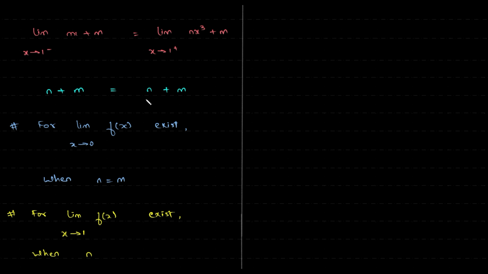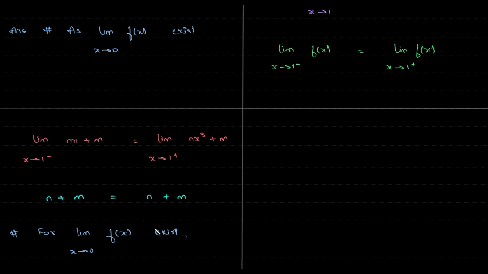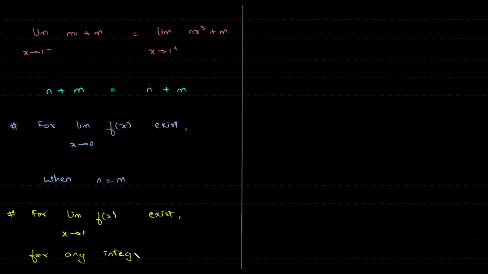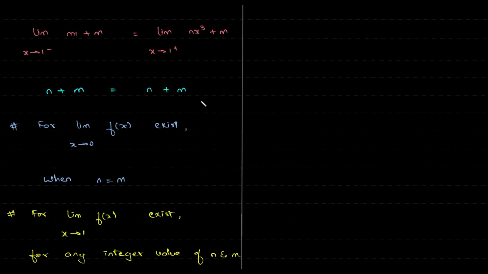here, what is happening? Here n plus m is equal to n plus m. What does it mean? We can put any integer value for n and m, because in the end you will get 2 plus 3 is equal to 2 plus 3.